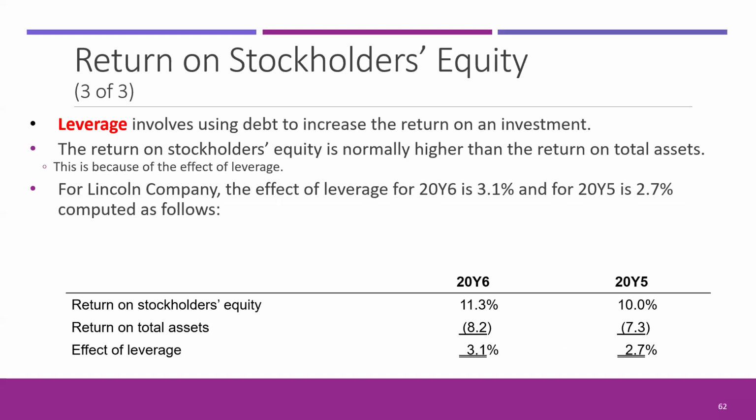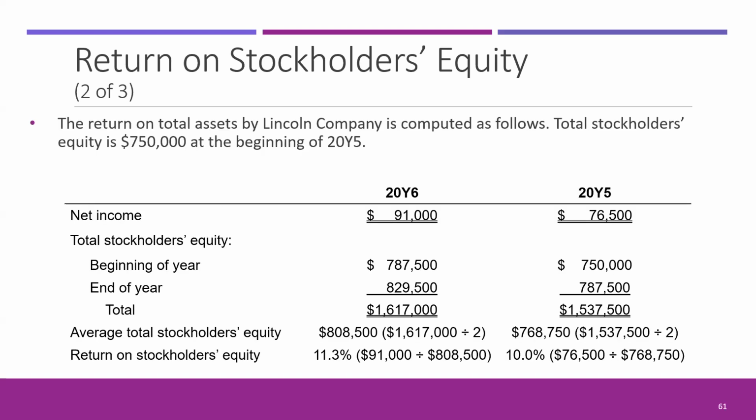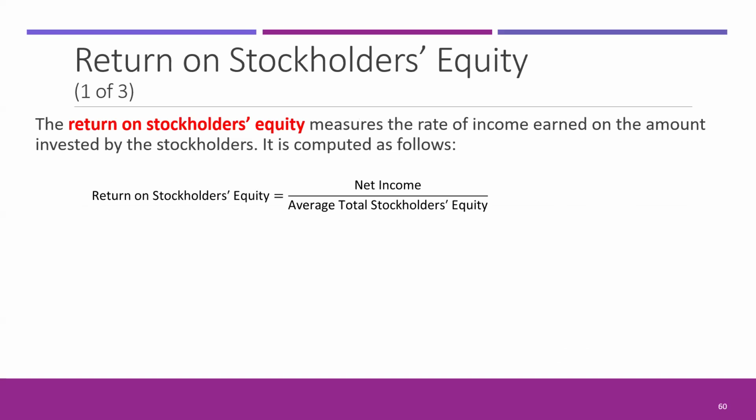And so leverage involves using debt to increase the return on an investment. Right, return on equity is always going to be higher than return on assets because return on assets is net income divided by assets.